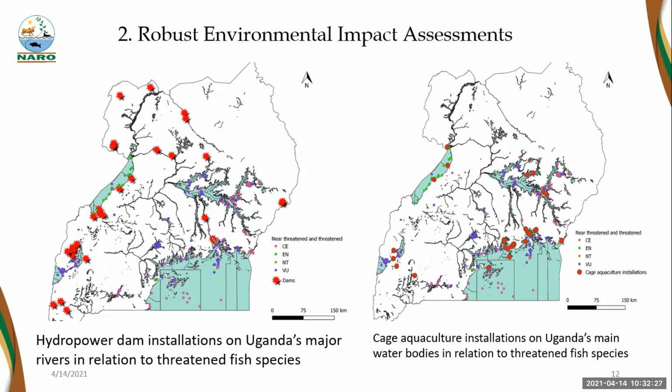On the right, we have cage aquaculture installations in Uganda's major water bodies, shown by red dots, plus the distribution of fishes in different red list categories.